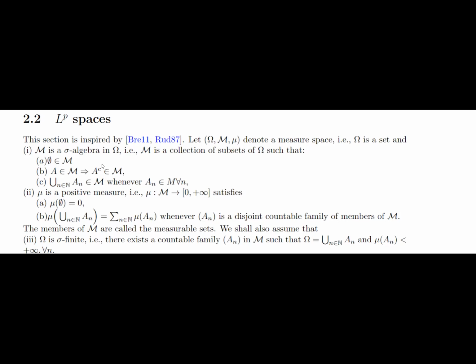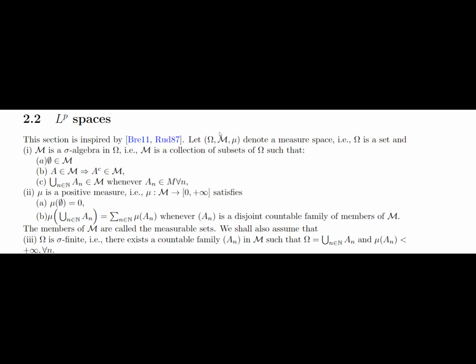It is stable by complementary, and it is stable by countable union, right? Some authors construct this by analogy with topologies, which have a similar type of definition.